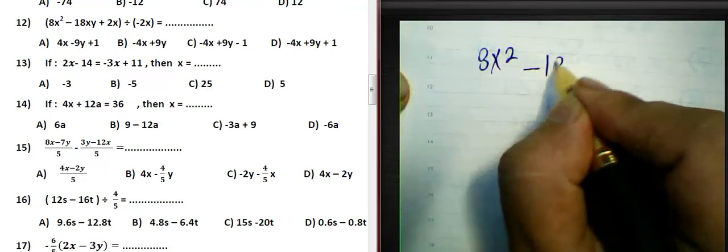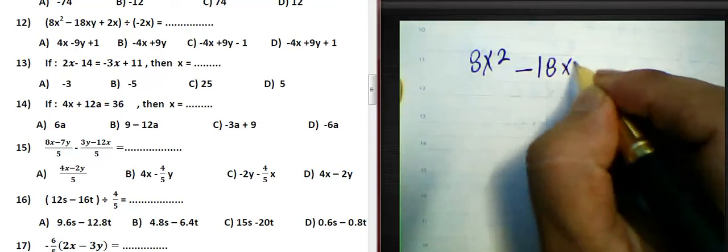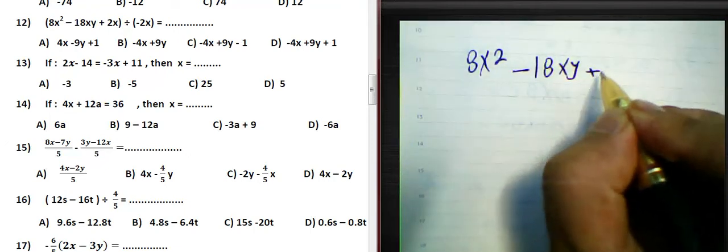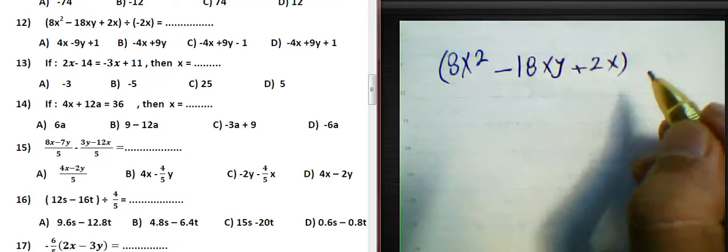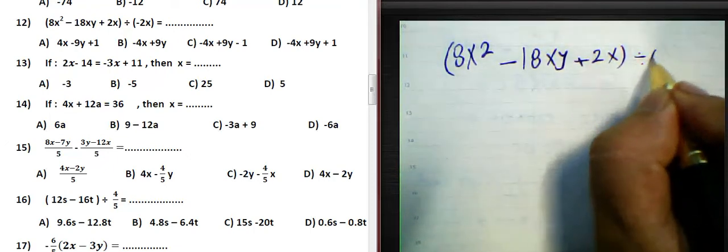Another example, question 12: 8x power 2 subtract 18xy plus 2x, divided by negative 2x.